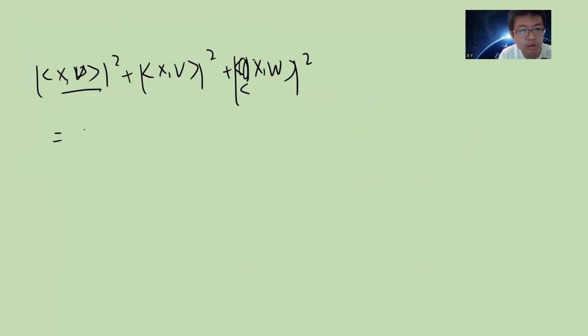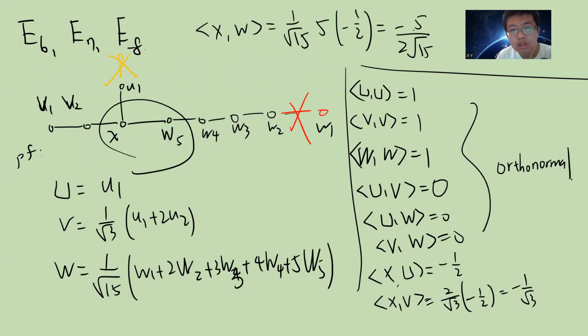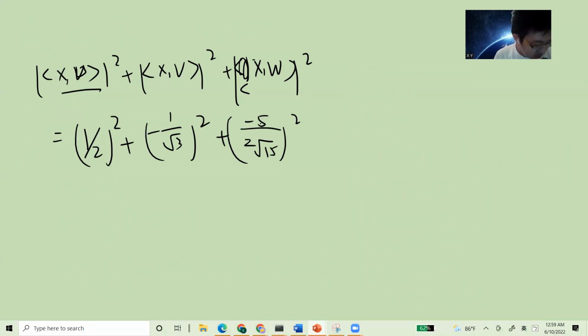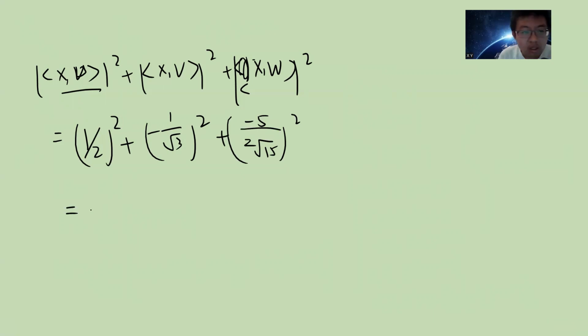Then I get xu is half squared, this guy squared, and then this guy is minus 5 over 2 divided by square root of 15 squared. So what should I get? I get 1 divided by 4 plus 1 divided by 3 plus 1 divided by 25 and 60.